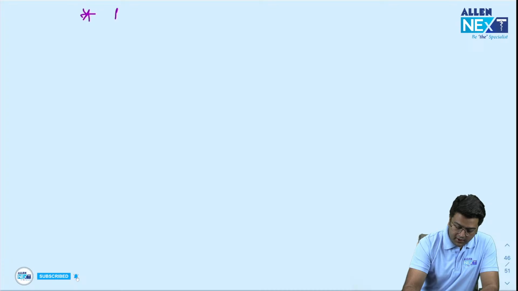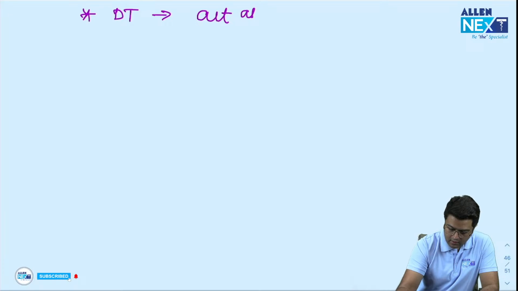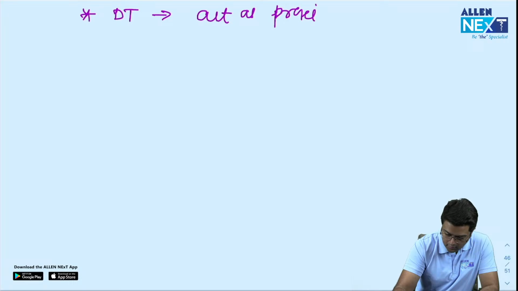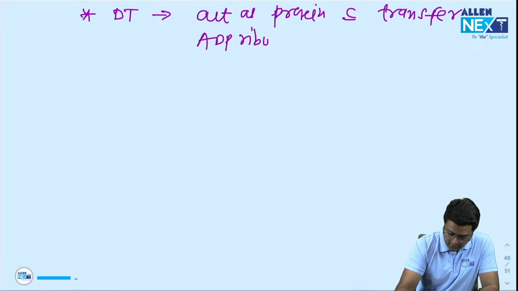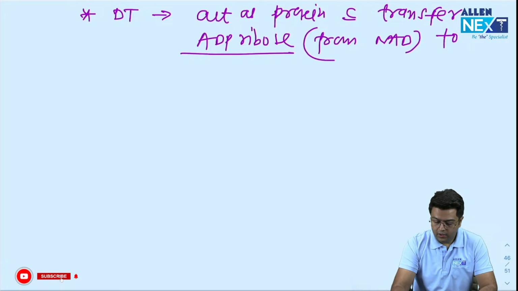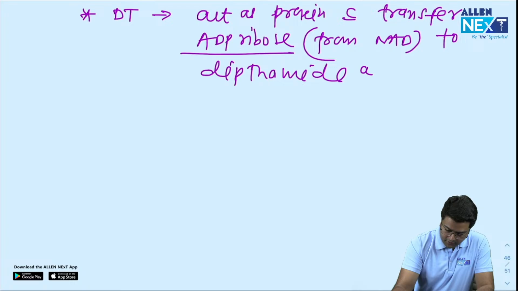See guys, remember one thing, that diphtheria toxin acts as a protein which transfers the ADP ribose, obviously from NAD, to the diphthamide amino acid.